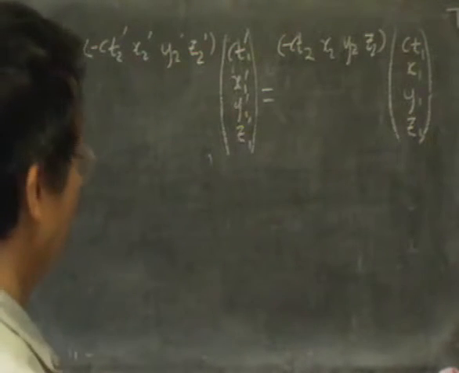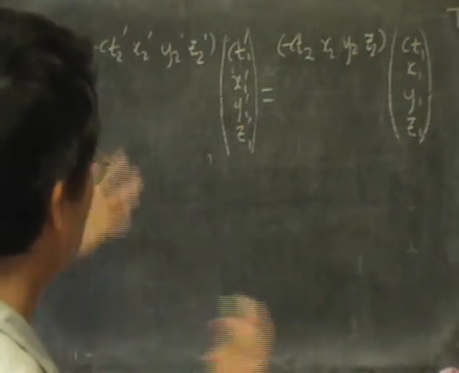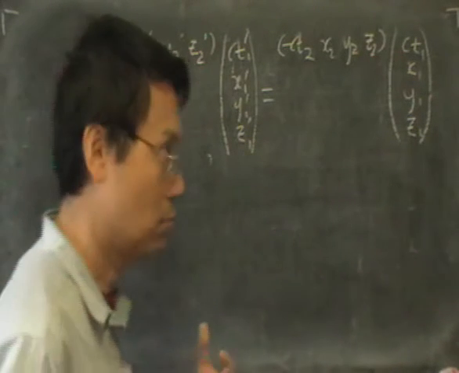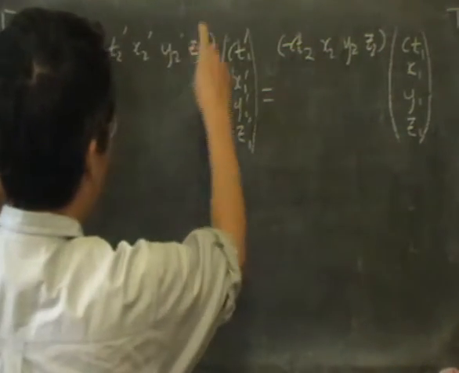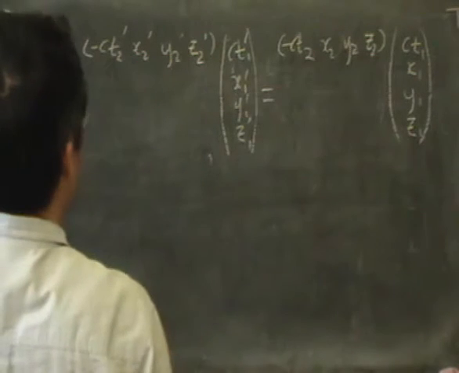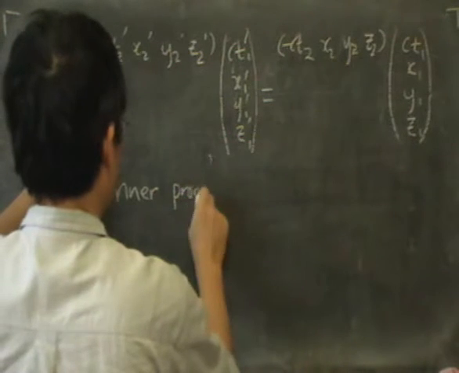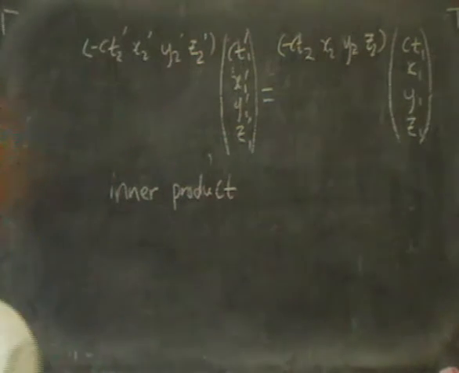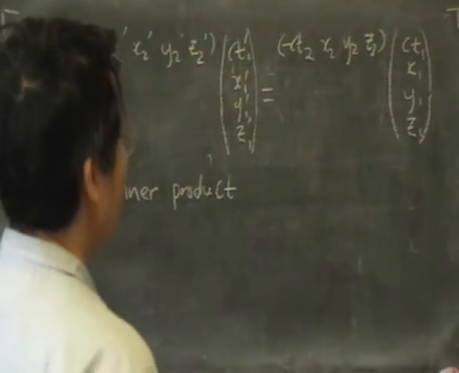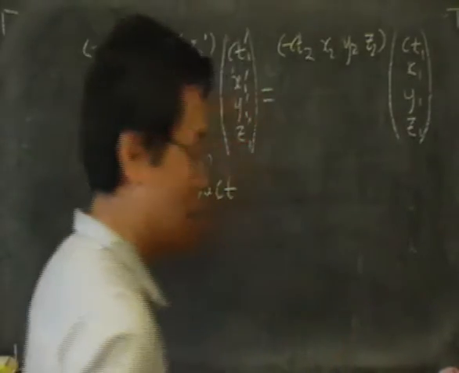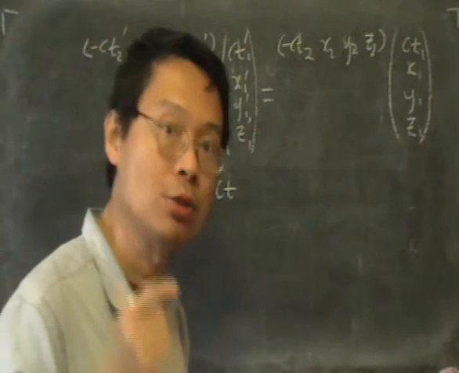So because of this, we describe it with some terms. All right. This way of multiplying the two vectors is called an inner product. So we describe this by saying that the inner product is invariant under a Lorentz transformation.